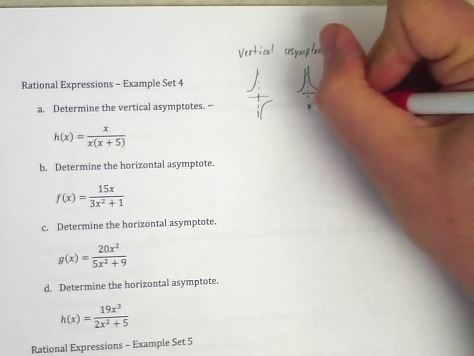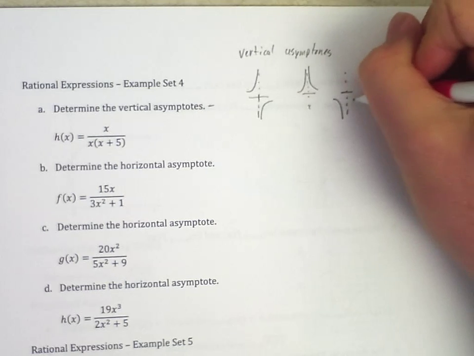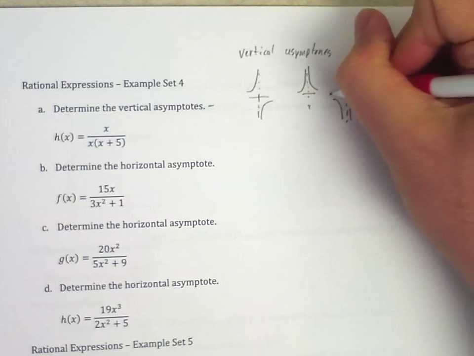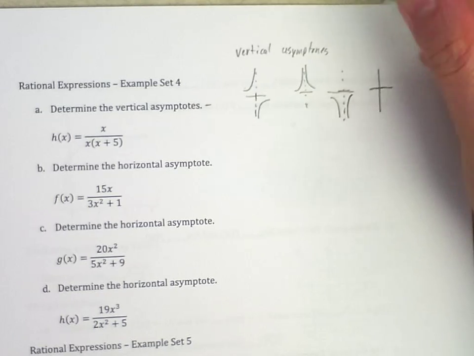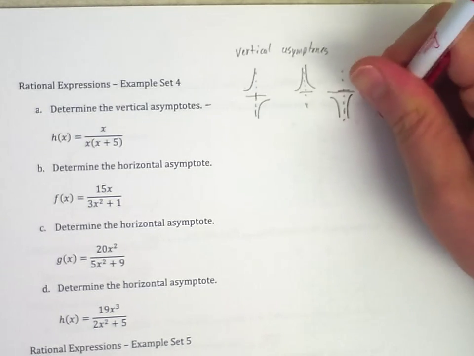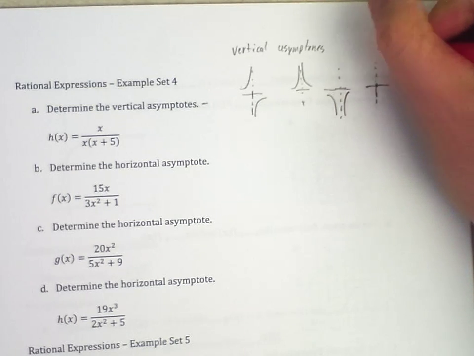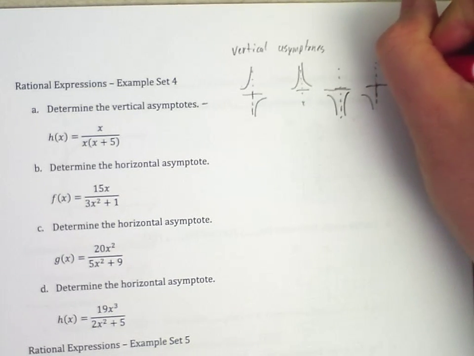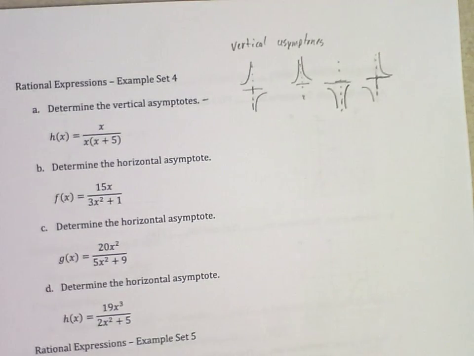They can both go to negative, or you can have where this side goes to negative and that side is coming from positive. So the 4 combinations of positive, negative for the 2 different sides.